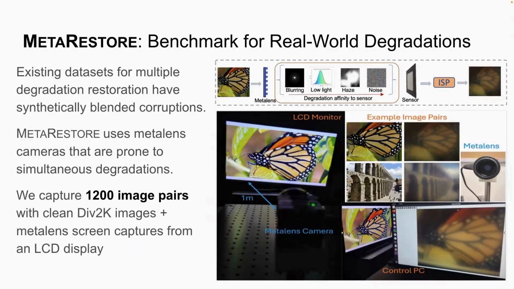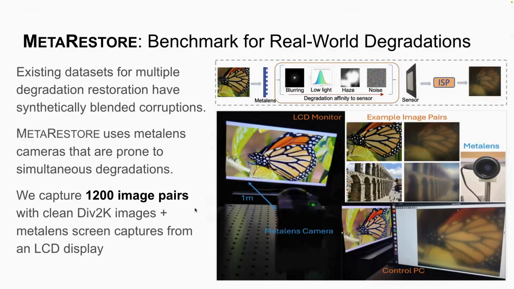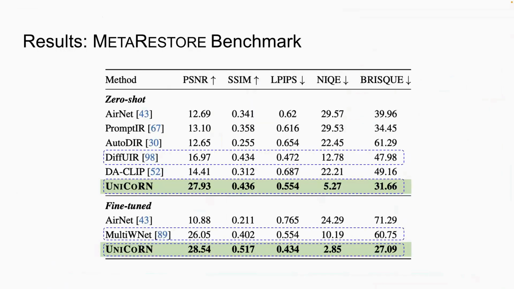These are our paired clean and corrupted images. So this capture implicitly ends up modeling a lot of degradations because of the sensor. Finally, we have an image which has all sorts of degradations possible, as you can see in this figure.